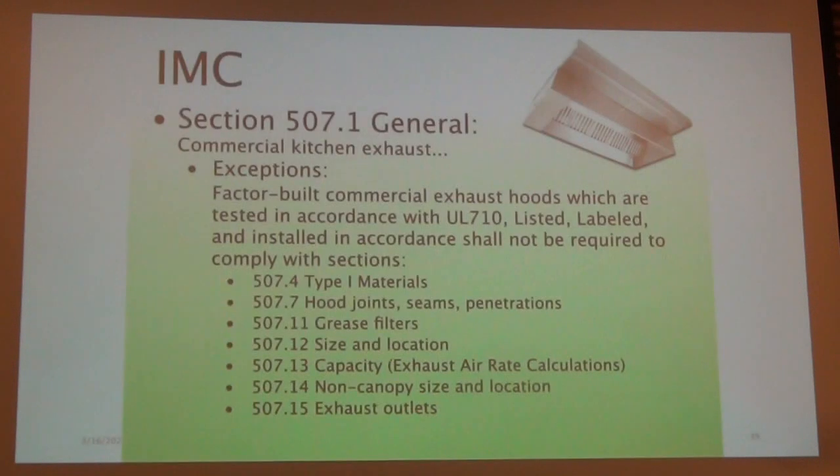Here they are. If it's a UL labeled installation, it should not be required to comply with Type 1 materials, hood joints, seams and penetrations, grease filters, the size and location, capacity, the non-canopy size and location, and exhaust outlets.